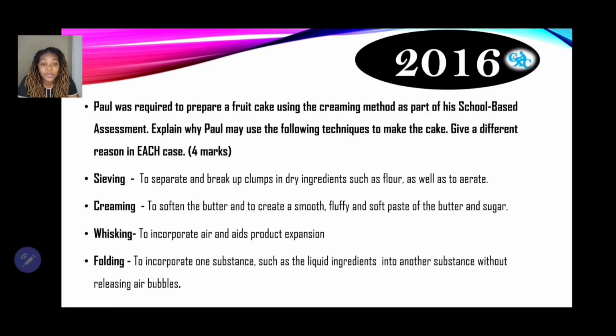So it's best for us to say it is creamed to form a softened paste of the butter and sugar, and also to cream out the sugar so that we don't have a lot of sugar grains in our product. Good. Now, whisking, the function is to incorporate air and aid in product expansion. So when we speak about our product rising, similar to aeration, good.